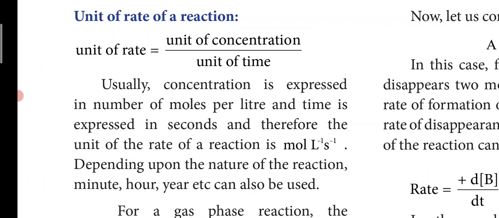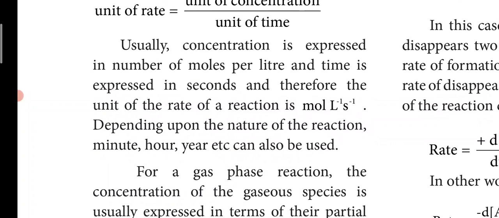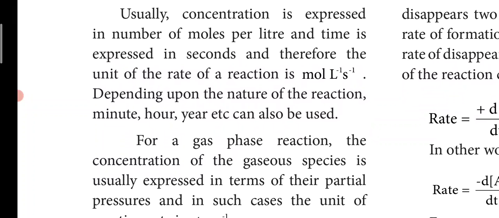And what is the unit of rate of a reaction? The unit of rate of reaction is given as the unit of concentration divided by the unit of time. Usually concentration is expressed in moles per liter and time is expressed in seconds. Therefore the unit of the rate of the reaction is moles per liter per second.